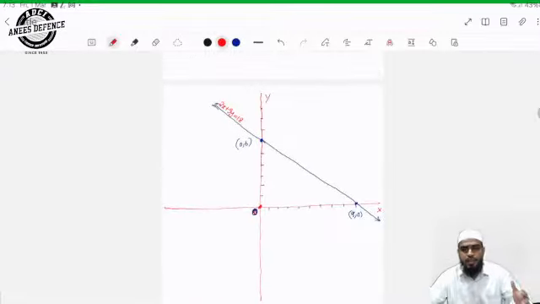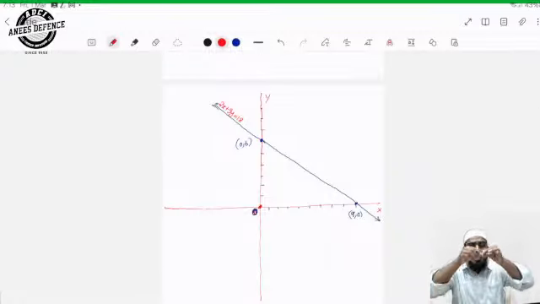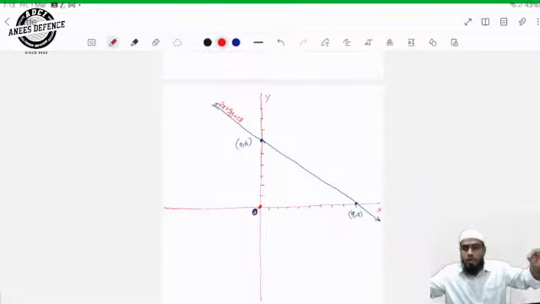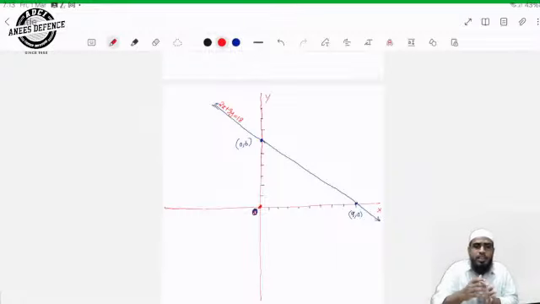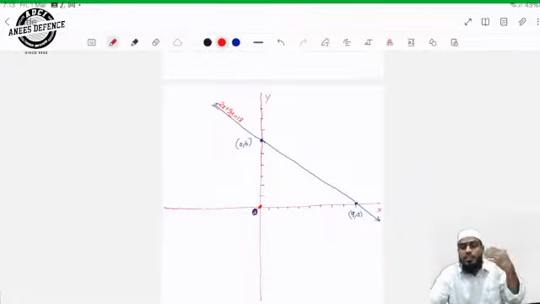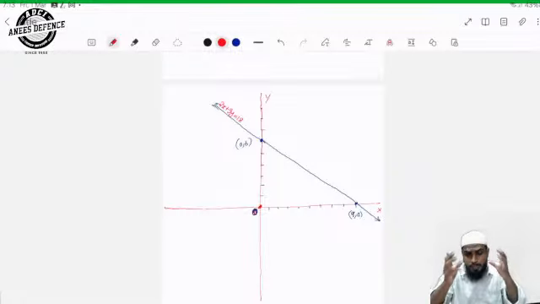There are 3 regions: one is purely on the line, the second is to the right of the line, and the third is to the left of the line. So 3 regions can be represented by a straight line.